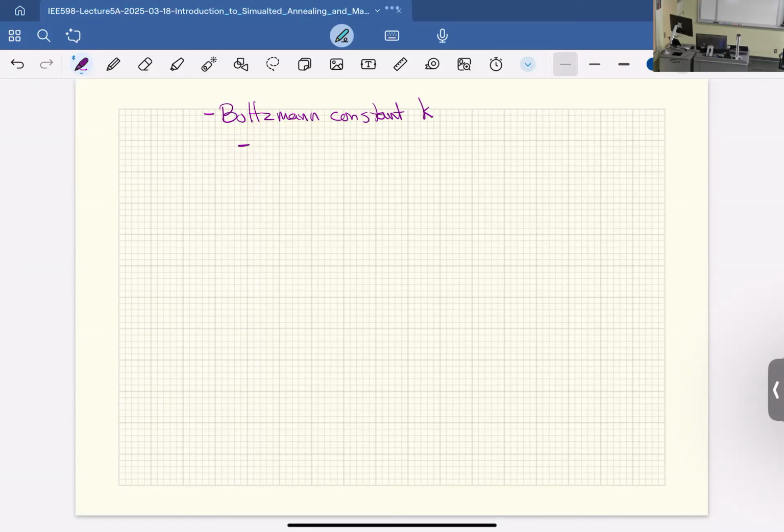So the average energy in a system, I'll write it this way, the average energy is just equal to Boltzmann's constant times the temperature. So in other words, the average energy is proportional to the temperature.